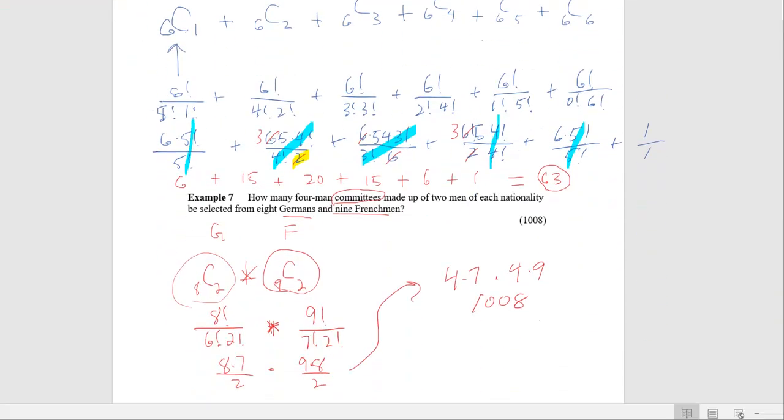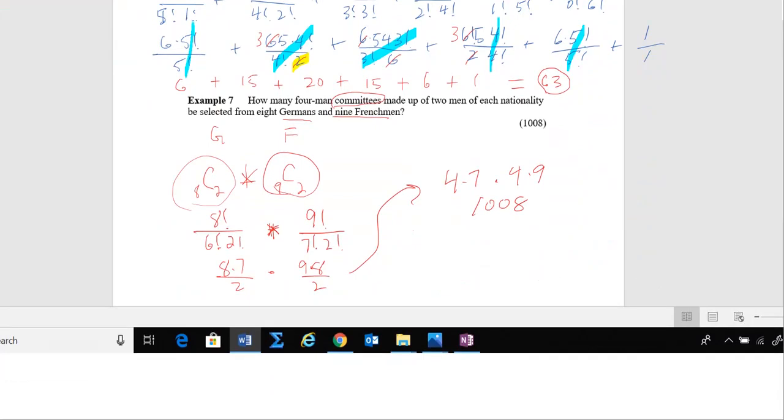Combinations, interesting. Now, I may not have mentioned this before, but all of this counting is so that we know how to calculate probabilities in a better way. We're in a better position to do probabilities, because remember, when you're doing probabilities, you're always counting things because you're finding the number of ways something can be done.